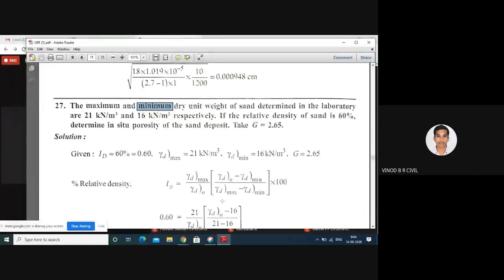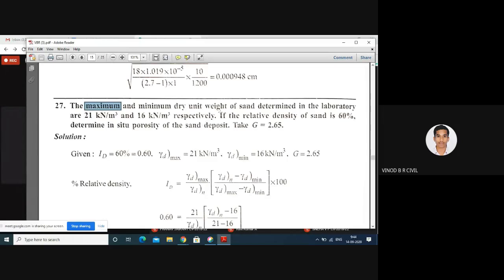If you are not compacted, if you put it in a measuring jar or in the field, it is in minimum, means it is in free condition. You can expect the voids in minimum dry unit weight. You are not expecting the voids in maximum dry unit weight. In the laboratory they give 21 and 16 kilonewton per meter cube respectively.